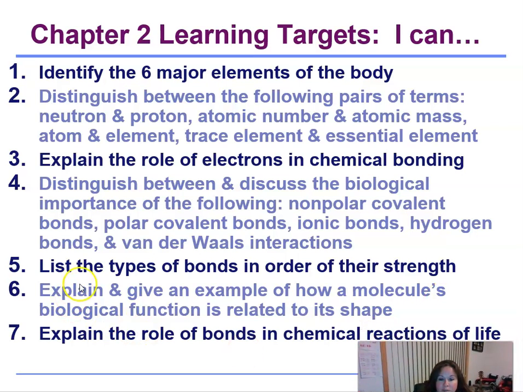Realize that structure determines function, so shape is very important to the way in which molecules work. And the fact that atoms bonding together create the different molecules like proteins, carbohydrates, lipids, and nucleic acids that play major roles in how our body functions.